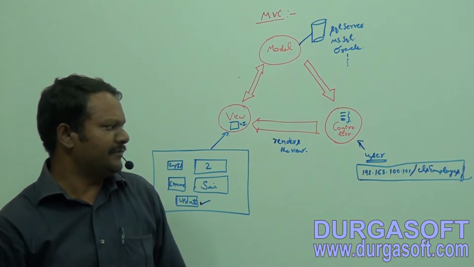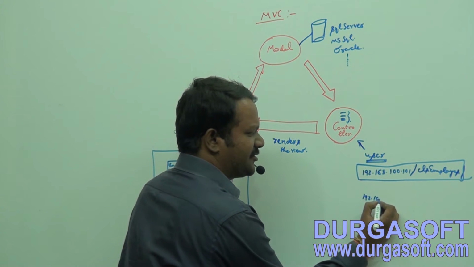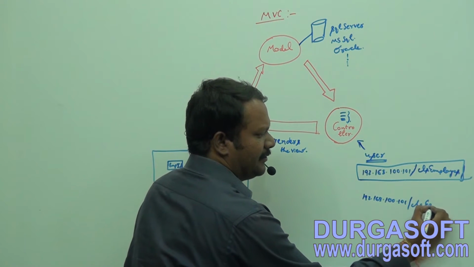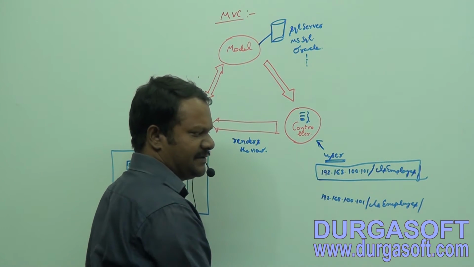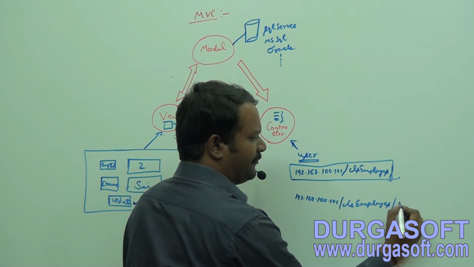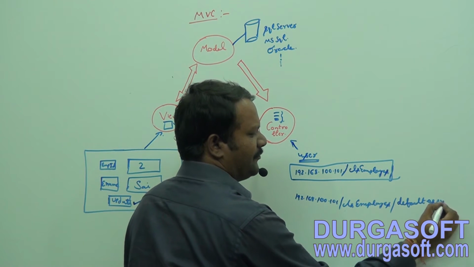Just the project name. In ASP.NET, everything will come, like a web page name also will come here. In ASP.NET, CLS Employees is the project name, and then his web form name, assume some default.aspx is his web form.